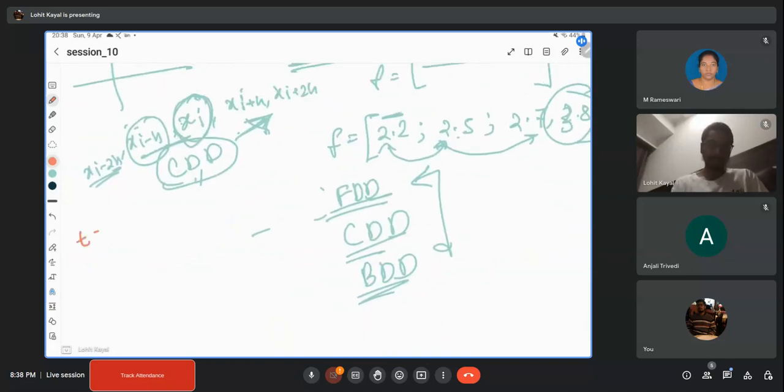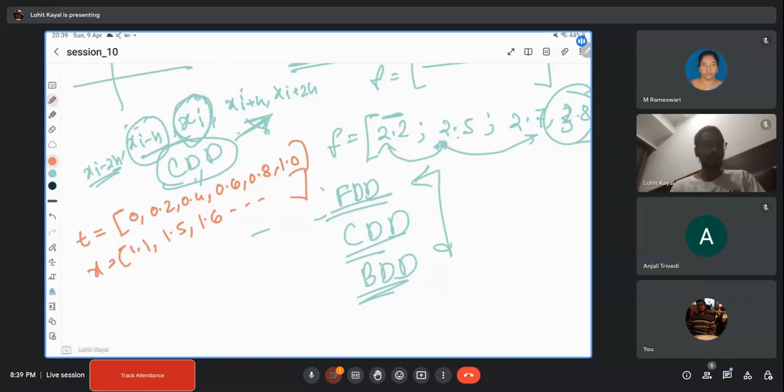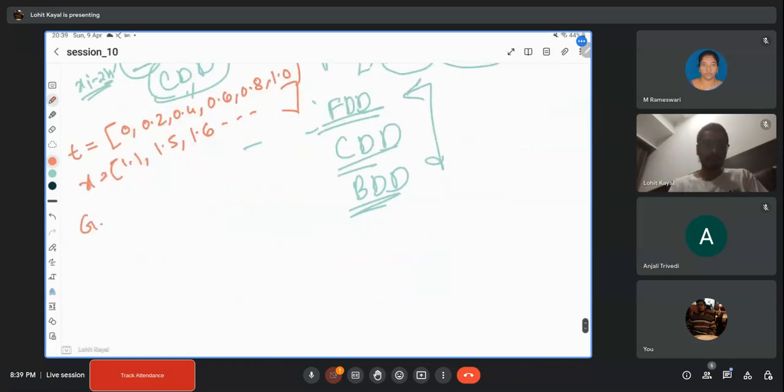Suppose you have t equal to 0, 0.2, 0.4, 0.6, 0.8, 1.0, and x equal to 1.1, 1.5, 1.6, and so on. The lengths of these are the same. Now gradient of x will not give you the velocity. Gradient of x is equivalent to dx. You need to divide it by the gradient of t.